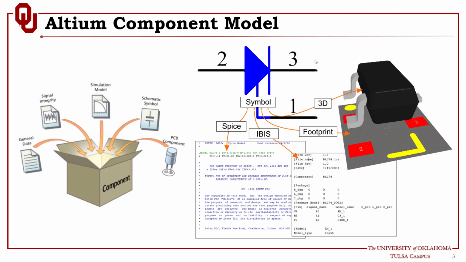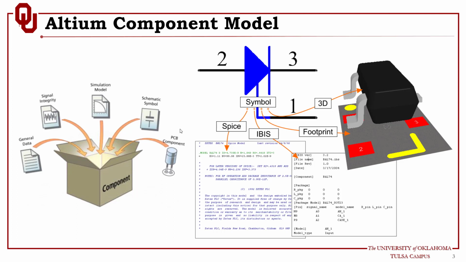So a unified component, on the other hand, is a container, as we can see in here, storing all relevant information about the electronic parts that include PCB components, schematic symbols, simulation model, signal integrity model, general data, data sheets, supplier information, and so on.